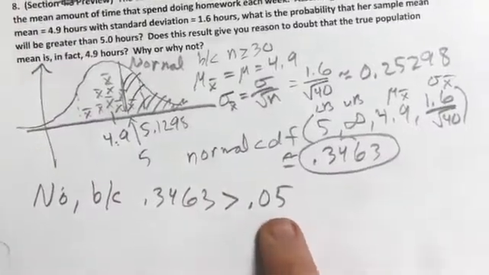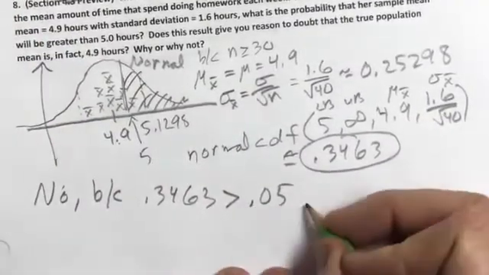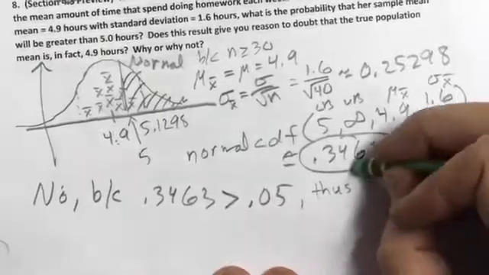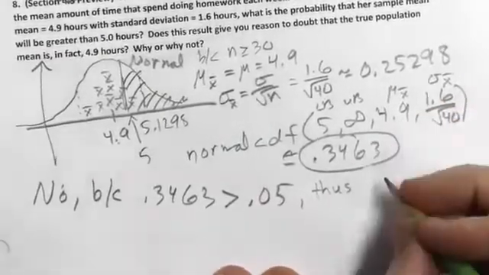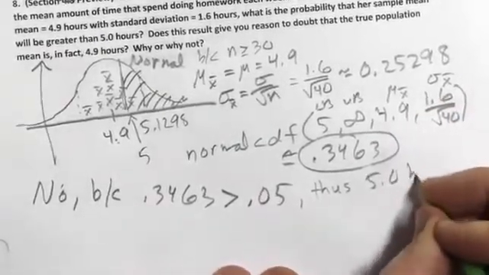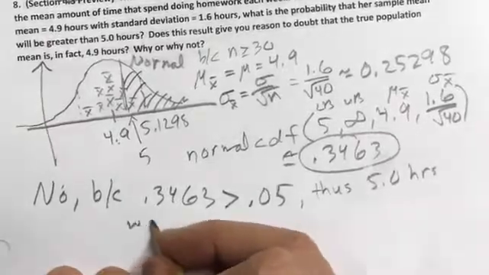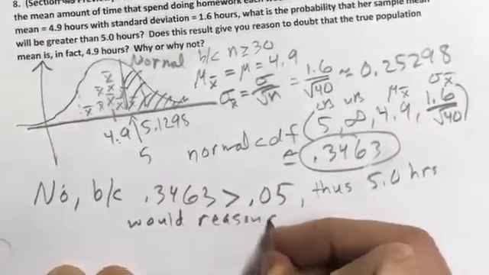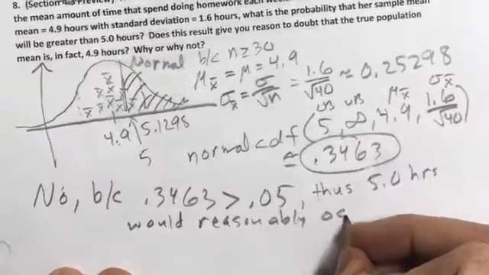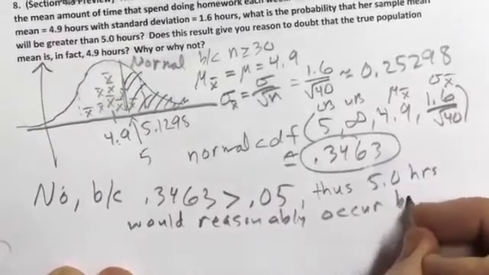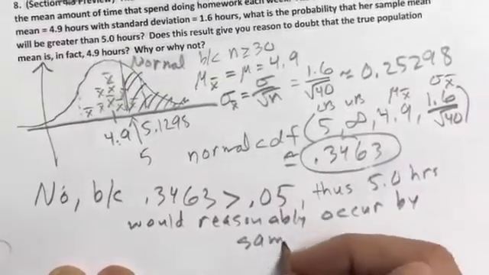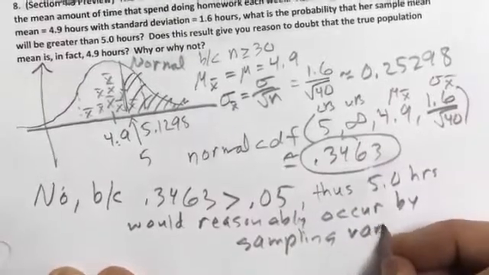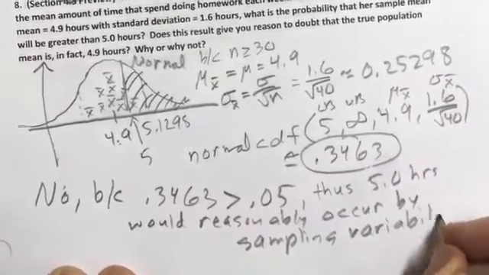And we'll say, so it's greater, thus 5.0 hours in our sample would reasonably occur by sampling variability, or in other words, just a natural difference just due to chance, by sampling variability.